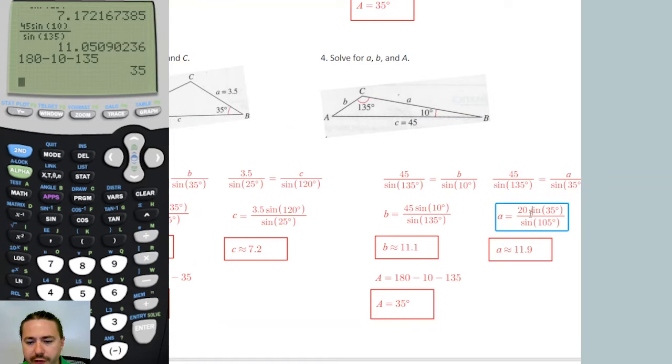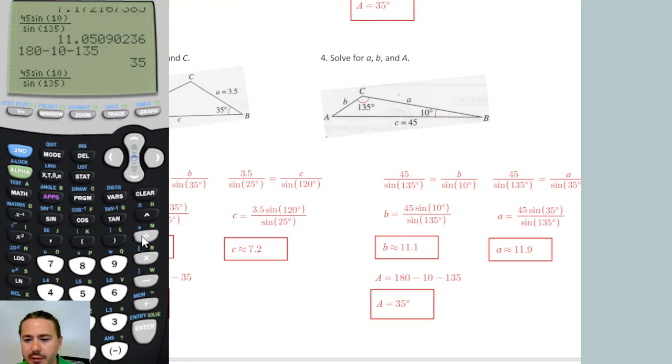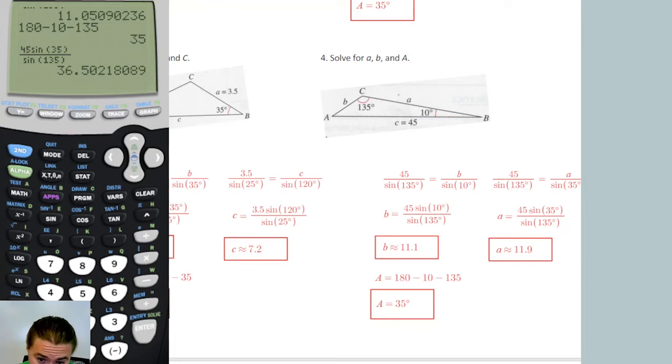So 45 times the sine of 35 divided by the sine of 135. Let's type that in. 45 times the sine of 35 over the sine of 135, and I get 36.5.